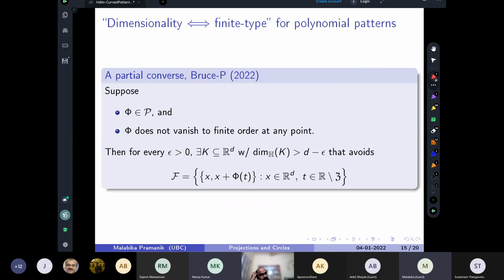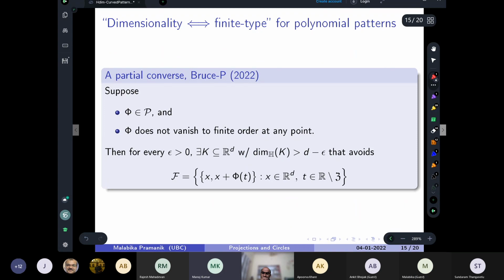Then for every positive epsilon, we can construct a compact subset K of R^d, whose Hausdorff dimension exceeds d minus epsilon and which avoids all patterns of the form x plus phi(t) for x in R^d and t not lying in the zero set of phi. So this is the exact converse, with the additional assumption that phi has to be in the polynomial class.